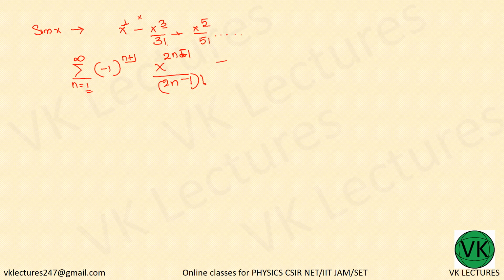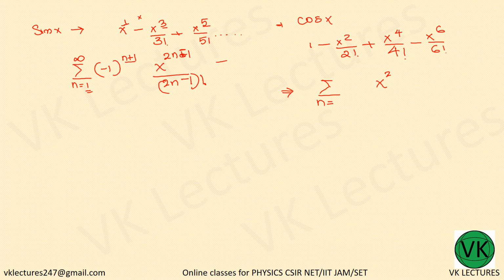Fine. Similarly, when you do it for cos x, the terms would be 1 minus x square by 2 factorial, then plus x to the power 4 by 4 factorial, then again minus x to the power 6 by 6 factorial. Okay. Here we can write the sum over n equal to, let us write first the x terms, x 2n.